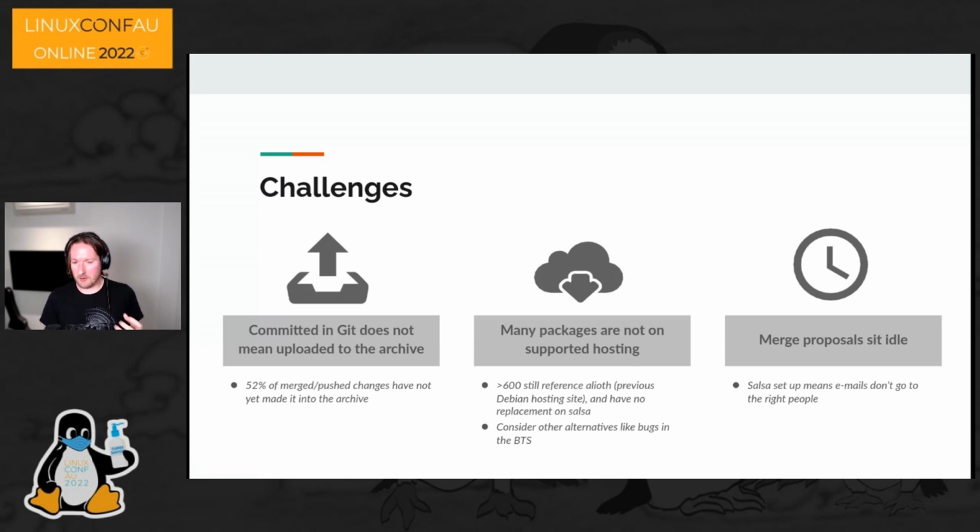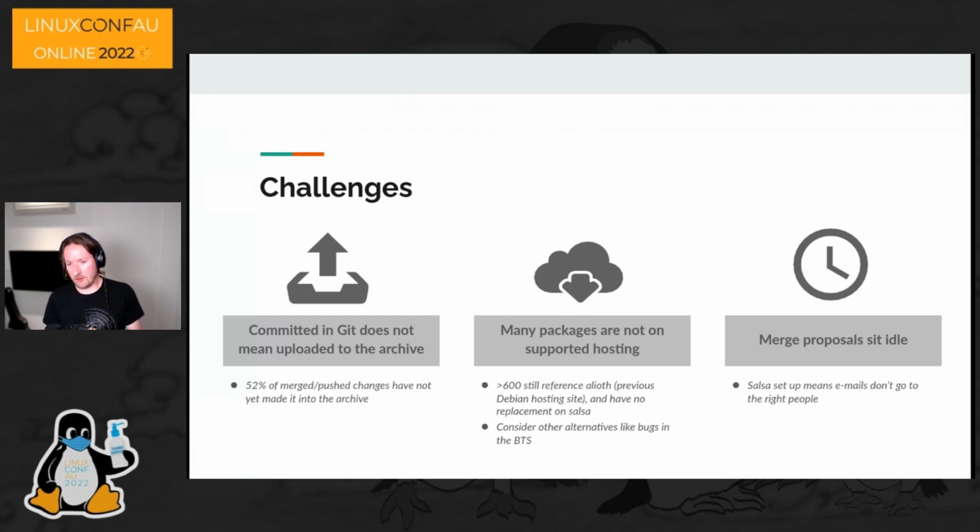Last week we checked, about 52% of changes haven't actually been uploaded yet. There is some work ongoing to make it easier for people to upload changes that are in a Git repository to the archive, but those haven't landed yet.